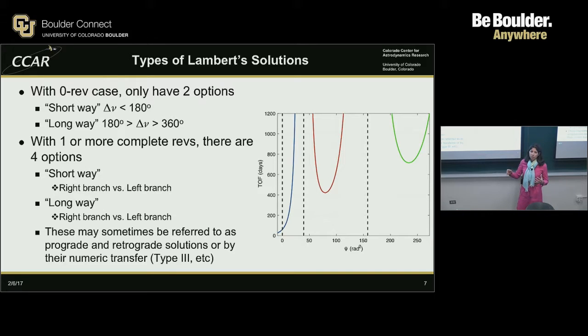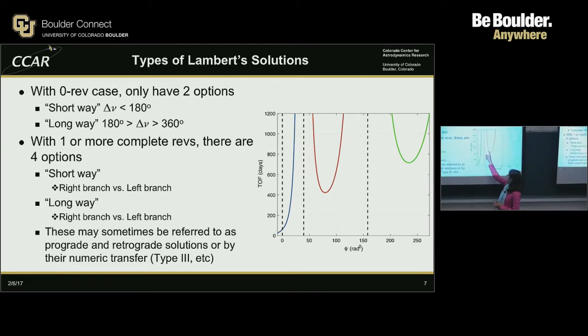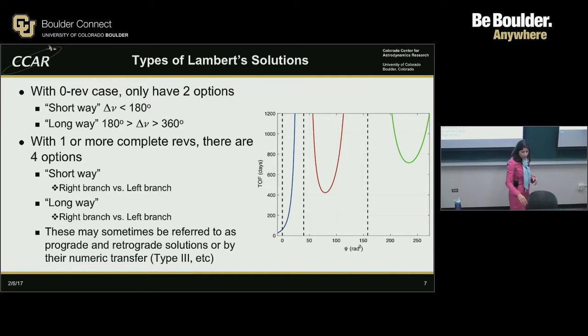Or you could go the retrograde way around the orbit. So you've got prograde, retrograde, even or odd type transfers. So you could have transfers over here that go prograde or retrograde, transfers over here that are prograde or retrograde. Hopefully that kind of makes sense.